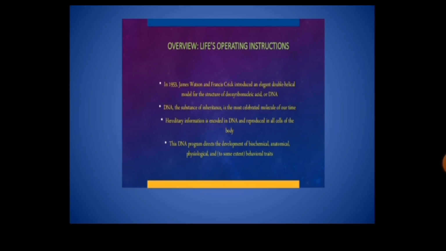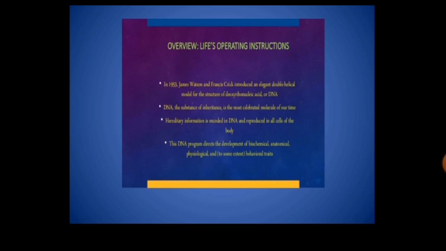Now it did not come in a dream of any of the scientists that yes, DNA is the one, right? A lot of research was done to find out which molecule is actually the genetic material. And we will study all that. We will study how the scientists came up with the fact that DNA is the genetic material.